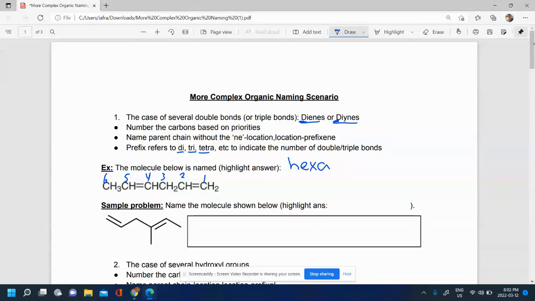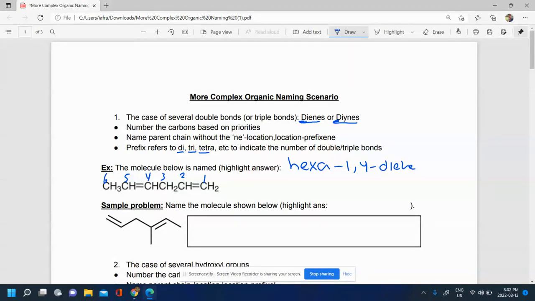Usually we'd put hex, but this time we're putting hexa. And then we're going to do the positions of our double bonds: 1 and then 4. And since there's two double bonds, we're putting diene. So we have hexa-1,4-diene.